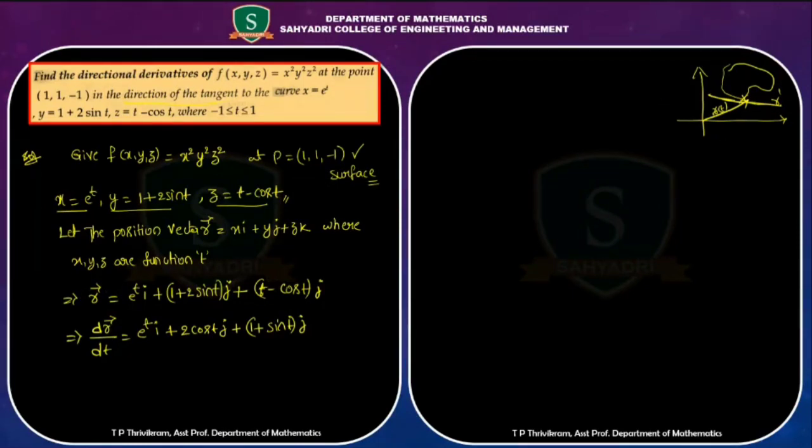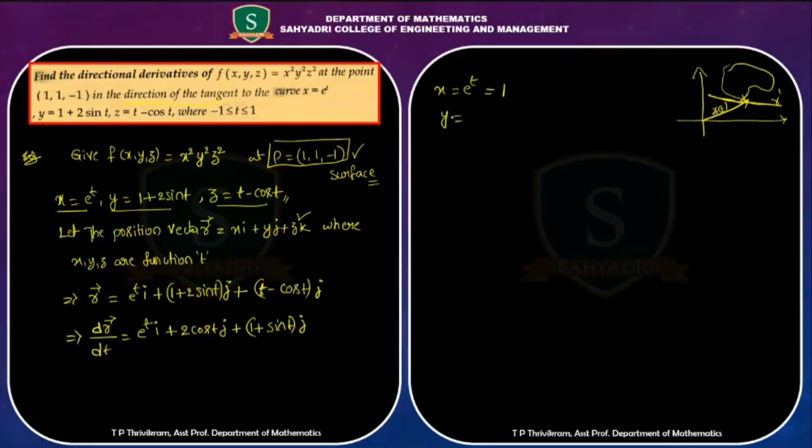Now using this r, we need to find the point he has given, 1 comma 1 comma minus 1. Individually, given x is equal to e power t, according to this point, what is the x value? 1, right? Because this r is passing through this point, so I can substitute it. X equal to 1, where x value is e power t.